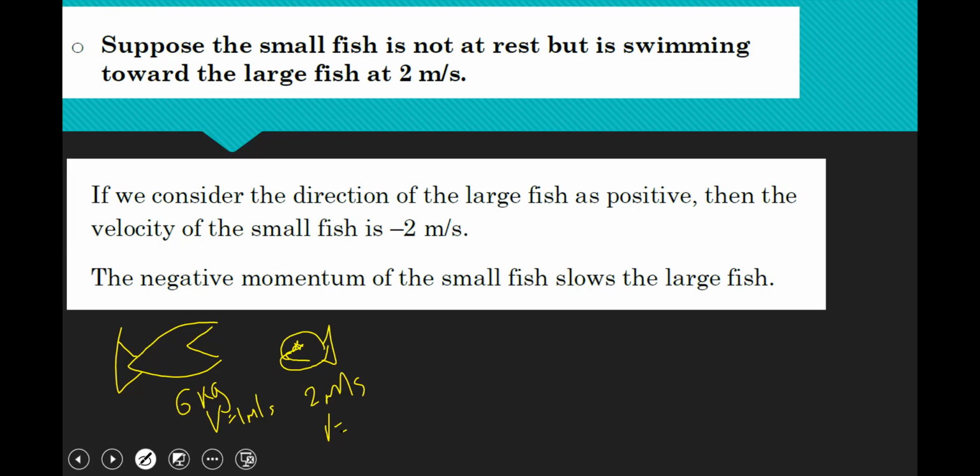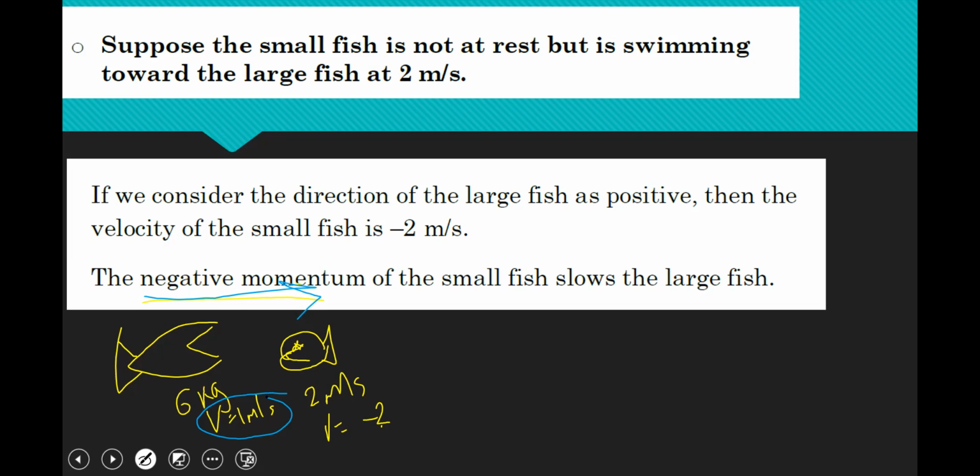Because it's going toward it, we say it has -2. The velocity will be negative. Here, it's going toward the big fish. So if we consider this the direction of the movement, the big fish is going to the right with 1, and the small fish is going to the left with 2.